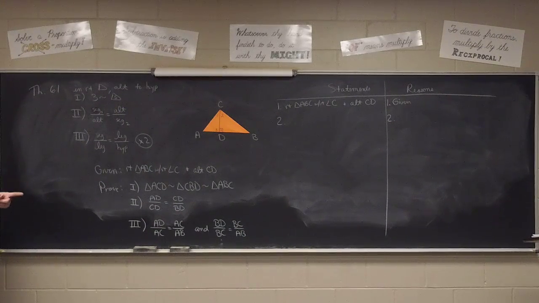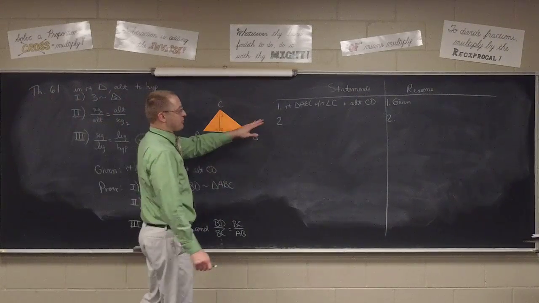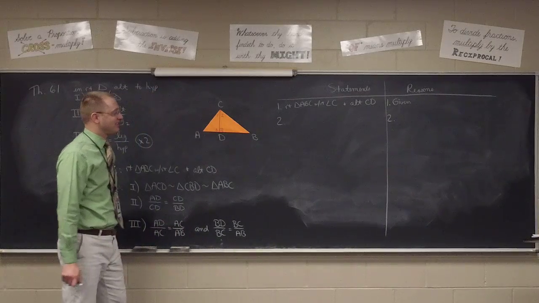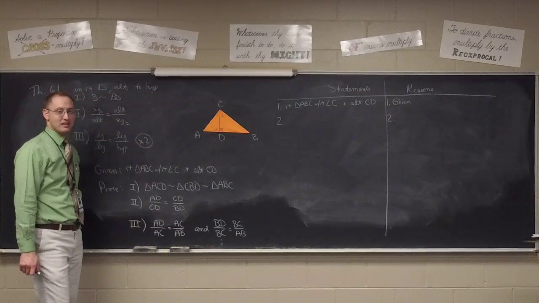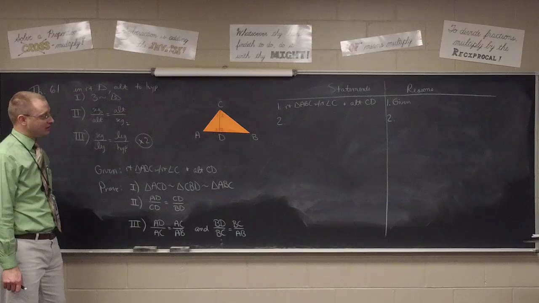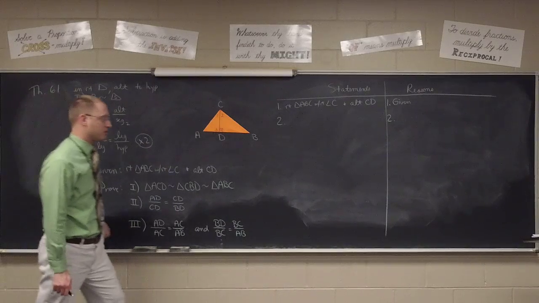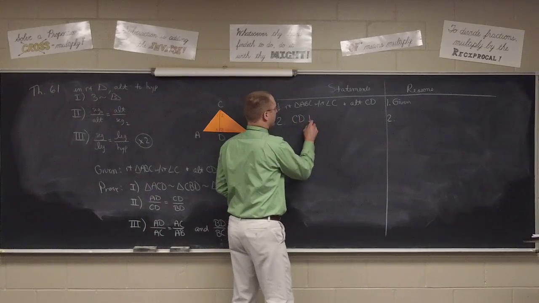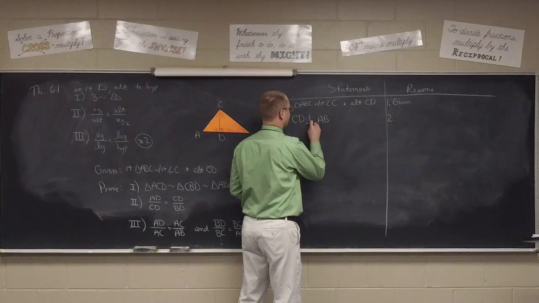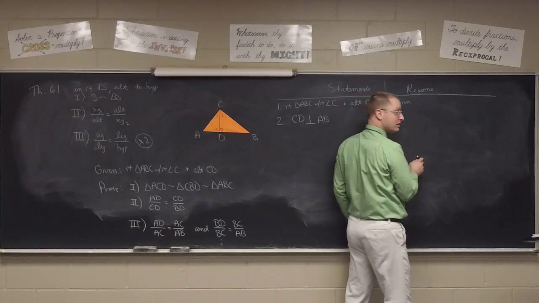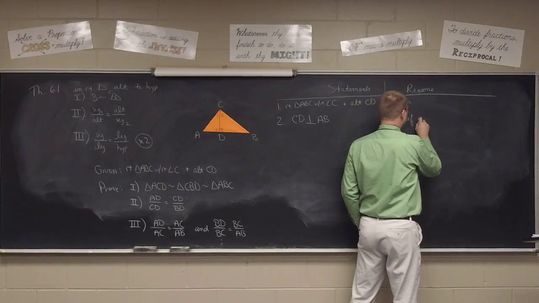Altitude means we have a perpendicular. So what should I write for statement 2, Chris? Altitude CD perpendicular to AB. CD is perpendicular to AB. Reason, Chris? Definition of altitude.